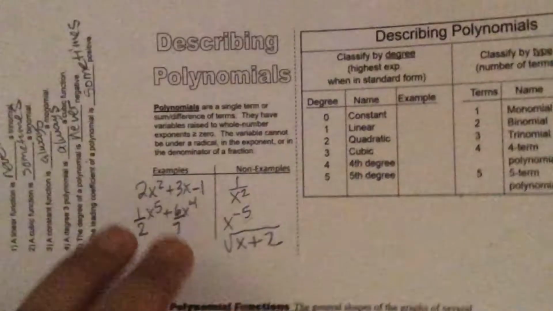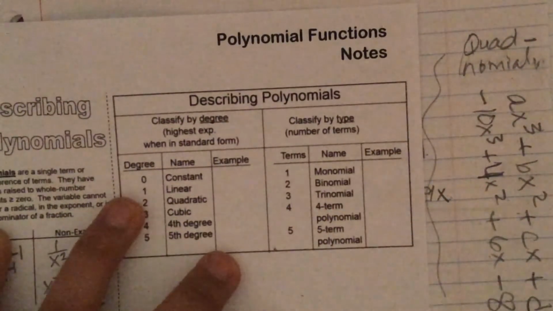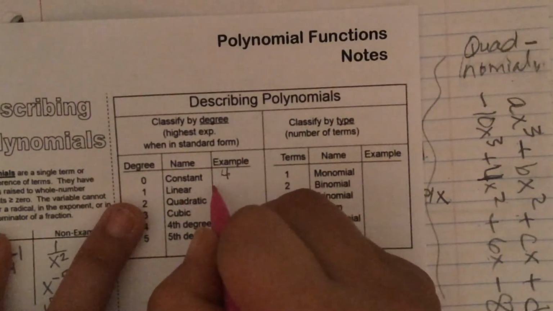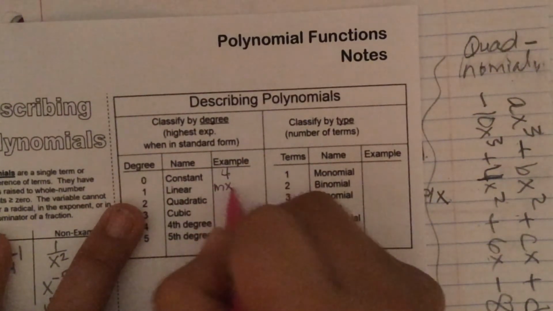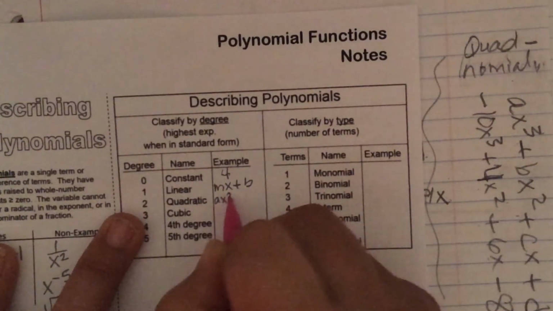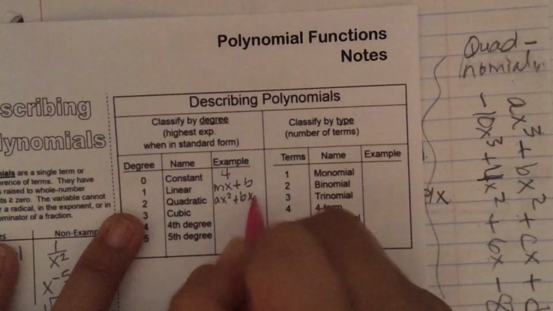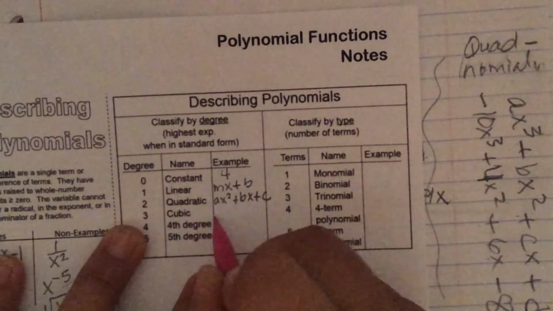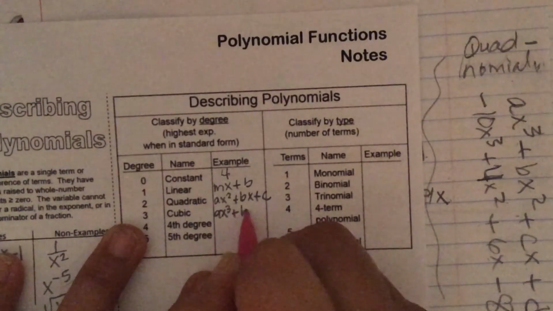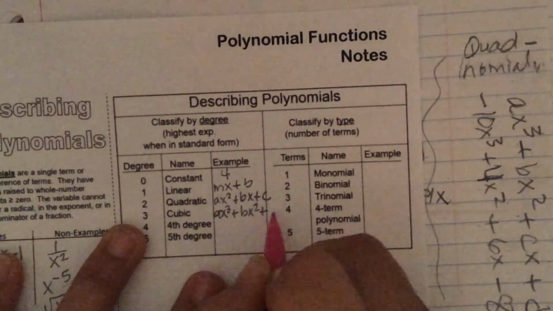Okay, so right here, a constant would be like 4. A linear would be in the format of mx plus b. A quadratic would be in the form of ax squared plus bx plus c. A cubic is ax cubed plus bx squared plus and so on.